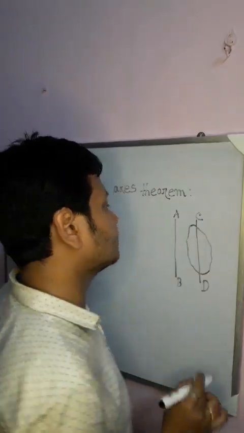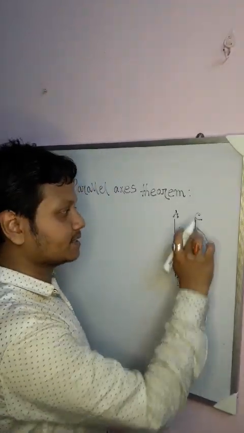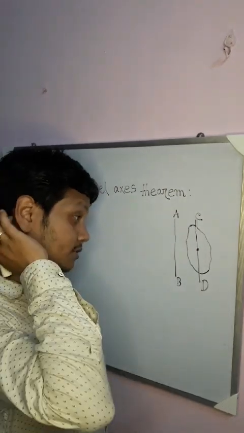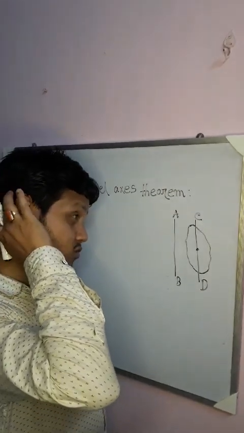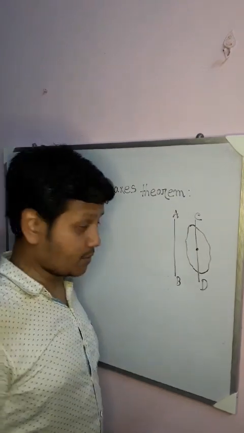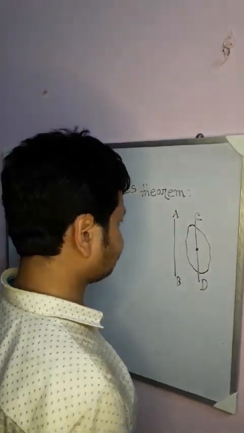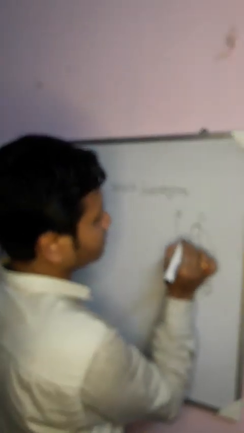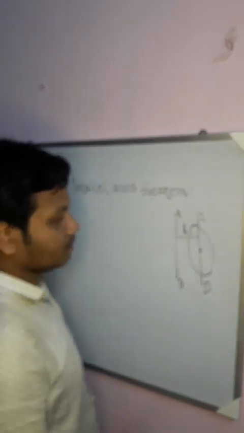We consider a plain laminar body and take an axis CD such that this axis passes through the center of gravity. We also take another axis parallel to this axis CD. So we assume that the distance between the two axes is say h.